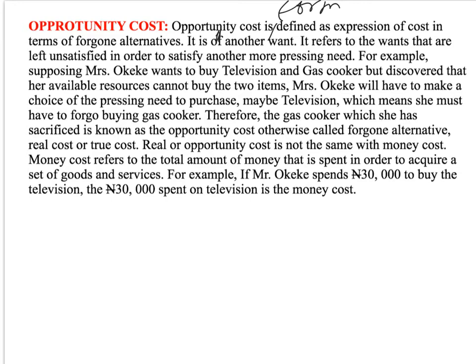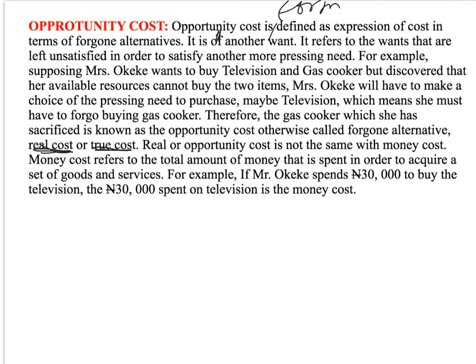Therefore, the gas cooker, which she has sacrificed, is known as the opportunity cost, otherwise called foregone alternative. The foregone alternative can as well be called real cost, or the true cost of buying the television.